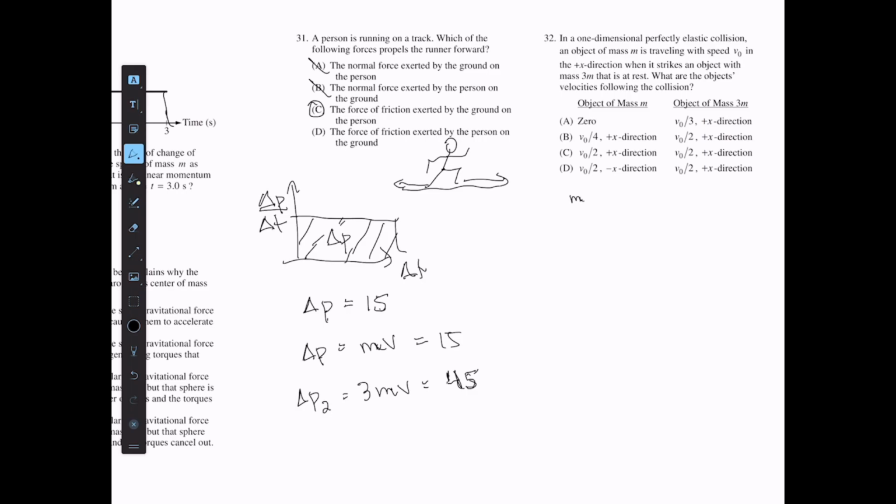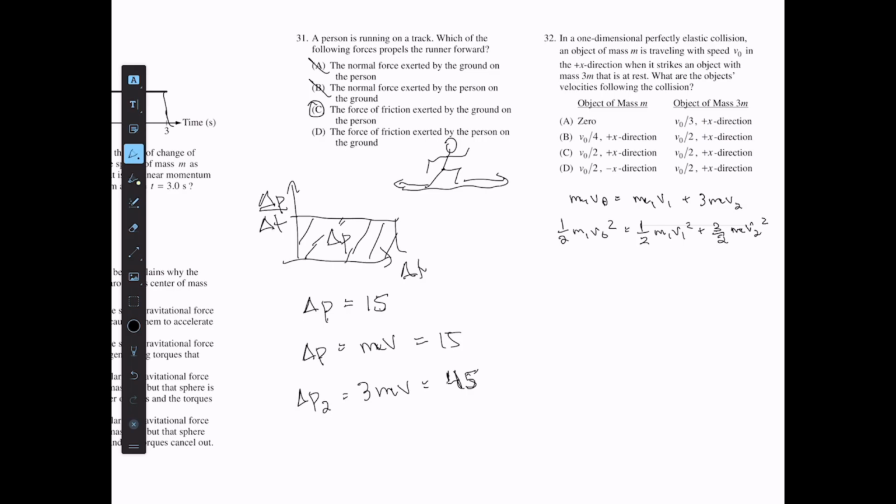So m1 v0 is equal to m1 v1 plus 3m v2, and 1/2 m1 v0 squared is equal to 1/2 m1 v1 squared plus 3/2 m v2 squared.